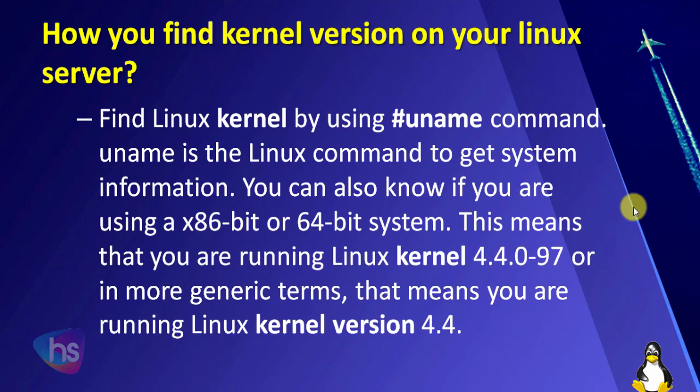It shows you are running a Linux kernel version like 4.4.0-97, or more generically 4.4. It shows appropriately which version is installed on your server or desktop, along with whether it is a 32-bit operating system, indicated by x86, or a 64-bit operating system.